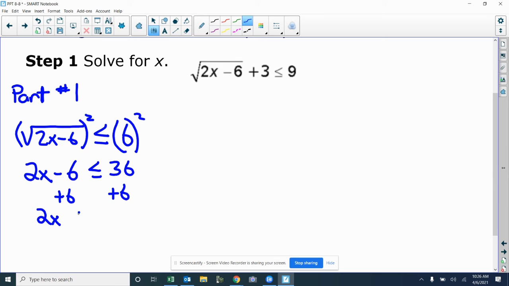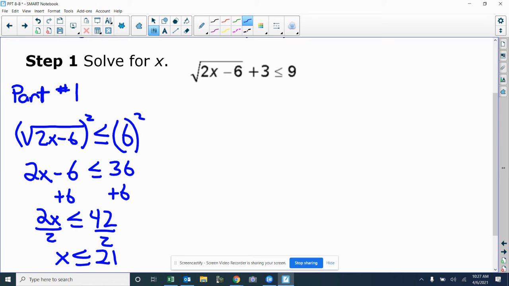We're going to have 2x still less than or equal to what? 42. Divide by 2. And we're going to have part of the answer, x less than or equal to 21. That's part 1 of the answer.